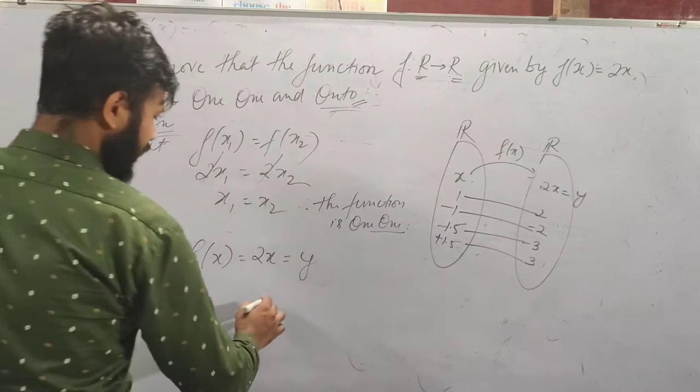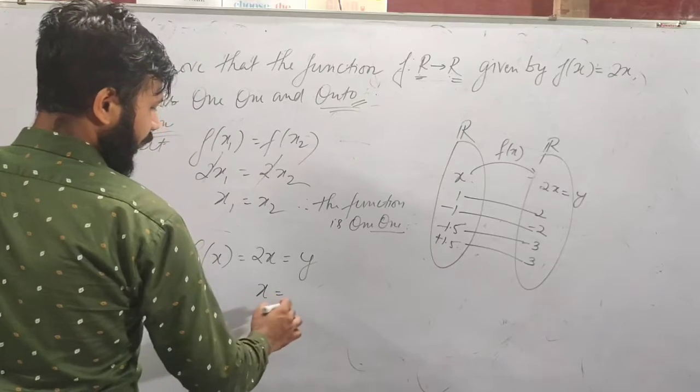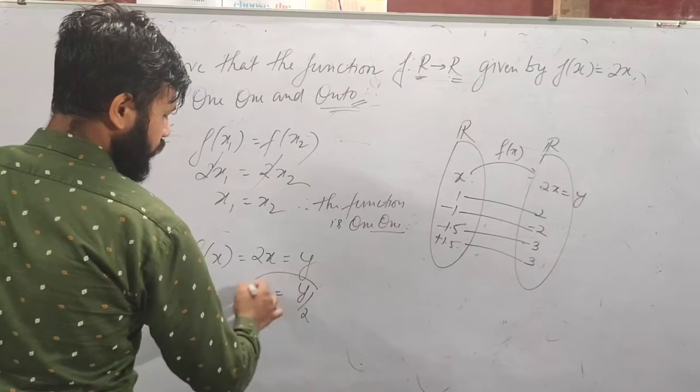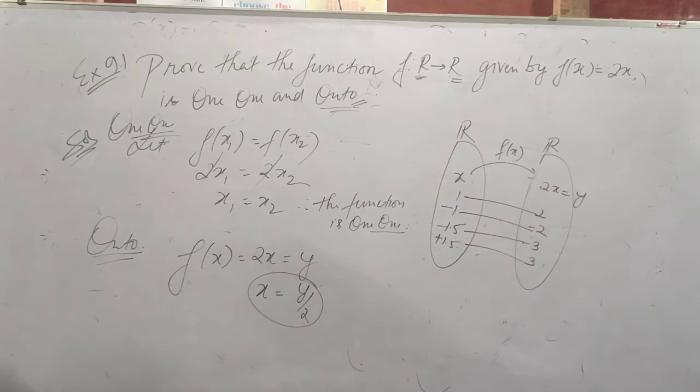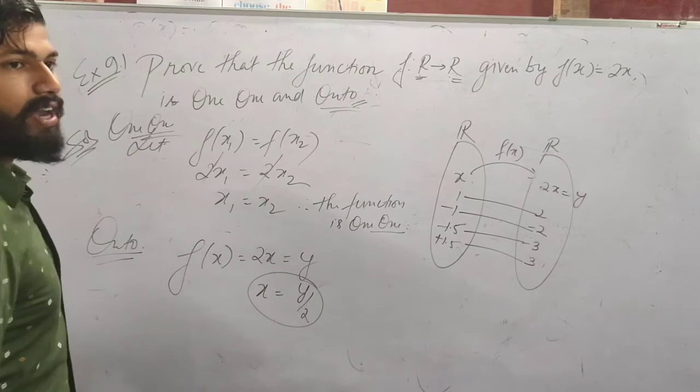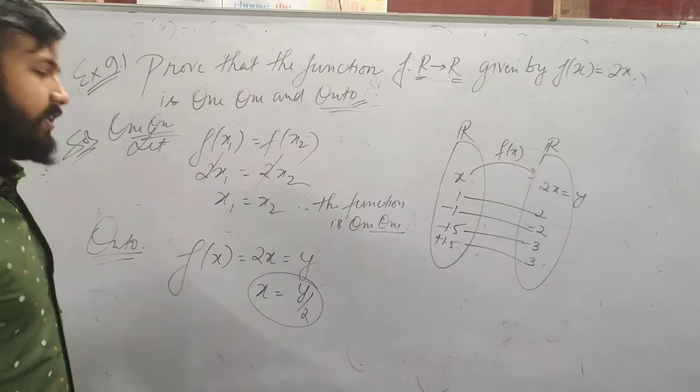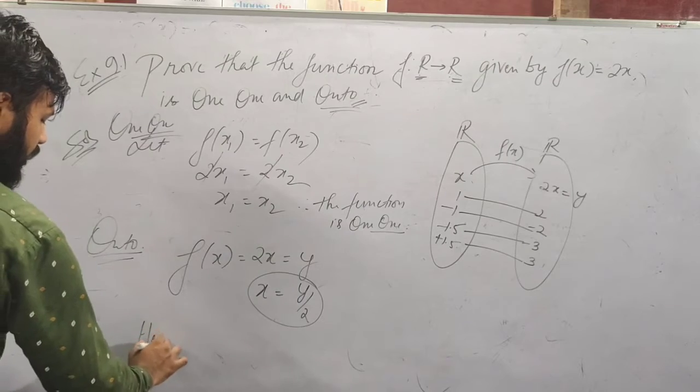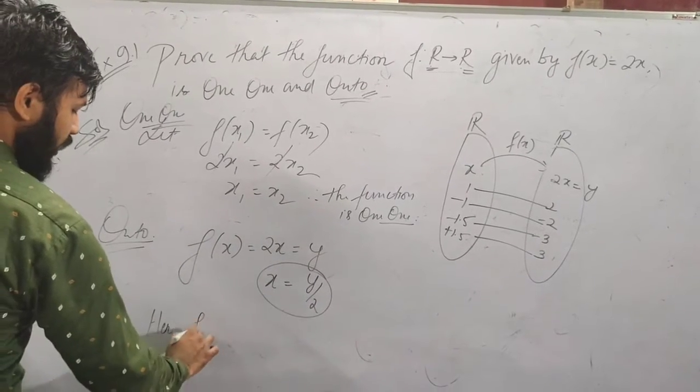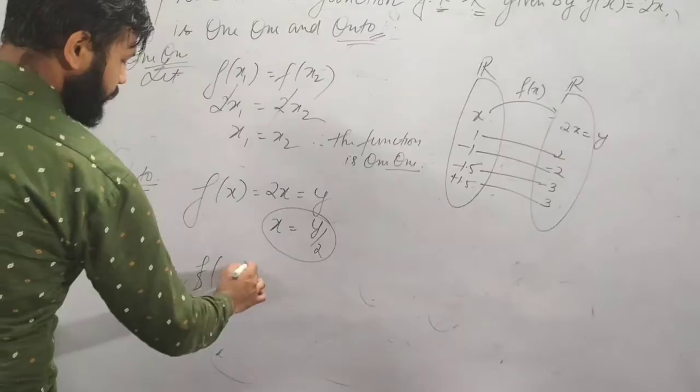So you can see that means x is equal to what? x is equal to y by 2. So from here we can create a different dependency. Here we can say that instead of f(x), now I can put f(y/2), right?